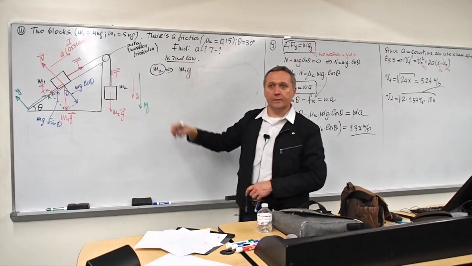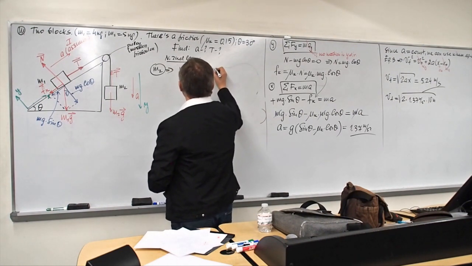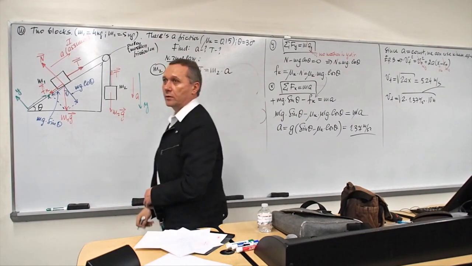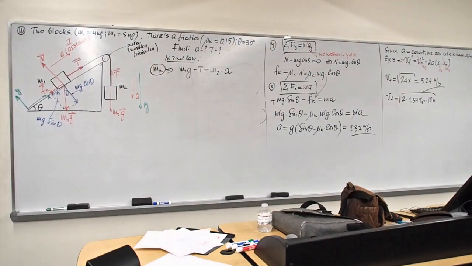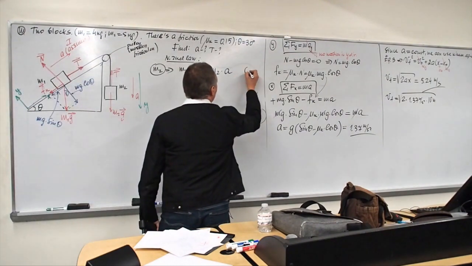So minus T equals M2, and acceleration, I assume, is in the clockwise direction. That's my positive y direction. M2A. Agree with this equation? Okay, awesome. So that will be my equation number one.